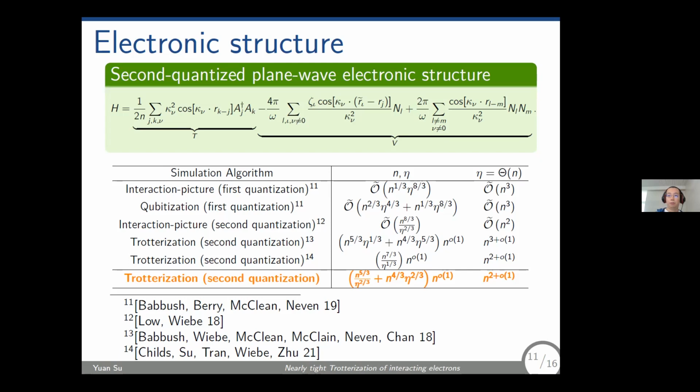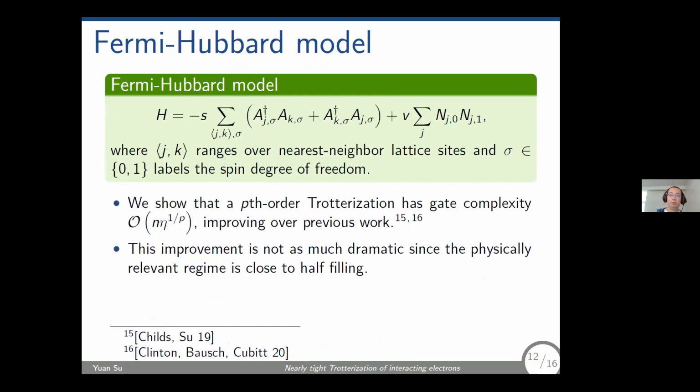Okay, great. Another application that we have looked into is simulation of the Fermi-Hubbard model. In this case, the Hamiltonian is given as something like this. You can also reformulate this Hamiltonian as a special case of that general interacting electronic model. It's a nearest neighbor lattice Hamiltonian.